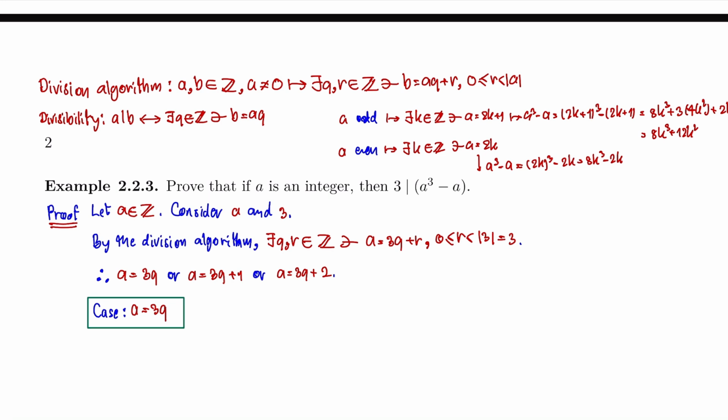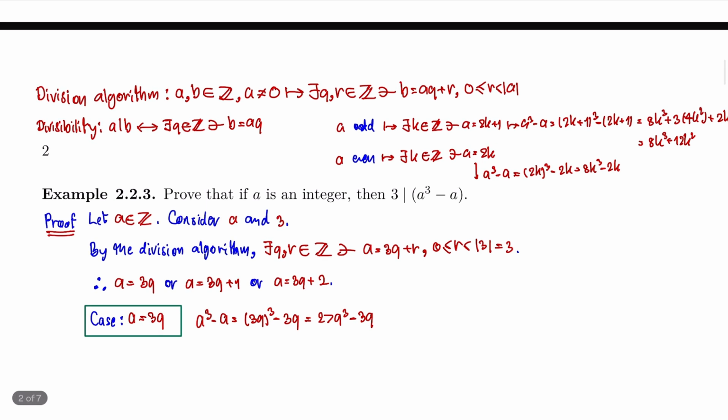We have to write a cubed minus a and try to factorize it with 3. So let's write a cubed minus a. It turns out to be (3q) cubed minus 3q, which is 27q cubed minus 3q. Then we can factorize with 3.